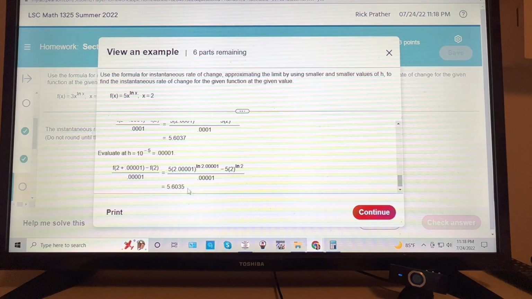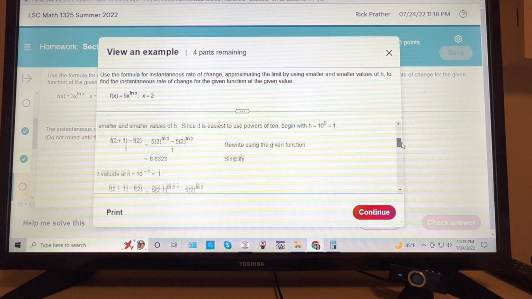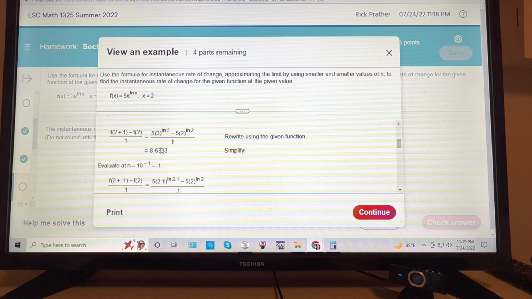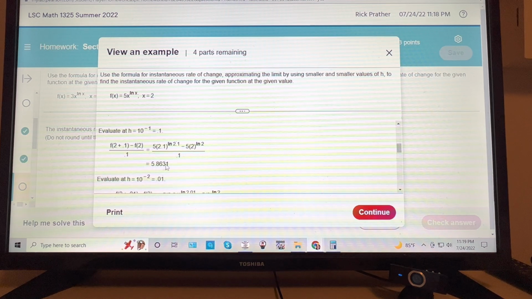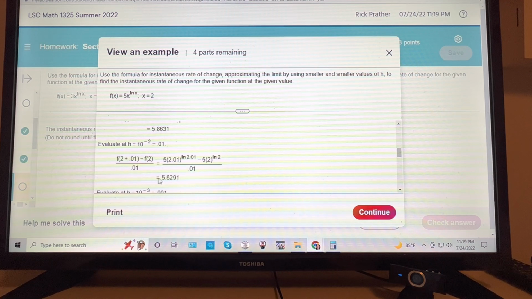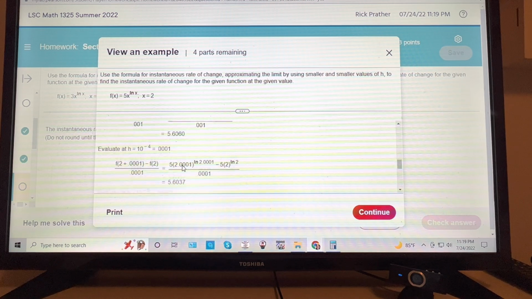0.0001, and they just keep going for a long time here until they get an answer that repeats. This is also the idea of a limit. The first answer was 8.6 when you plugged 1 in. Then when you plugged in 0.1, it dropped to 5.8. Then 5.6, 5.6, 5.6.